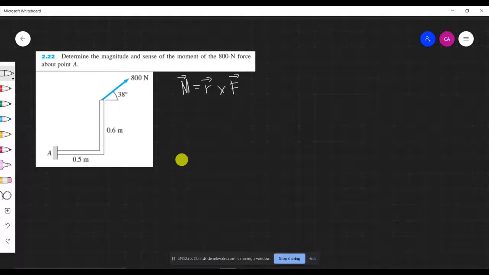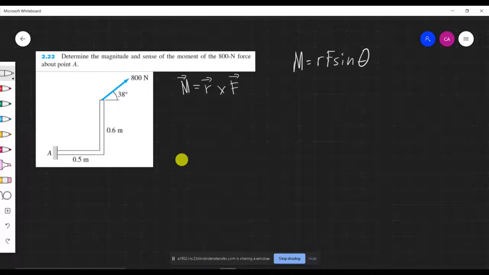Pero bago natin makuha yung magnitude, kailangan nating malaman yung... actually, pwede na natin malaman yung magnitude gamit nito. M is equals to R F sin theta. Kaso wala pa tayong degree. Okay?